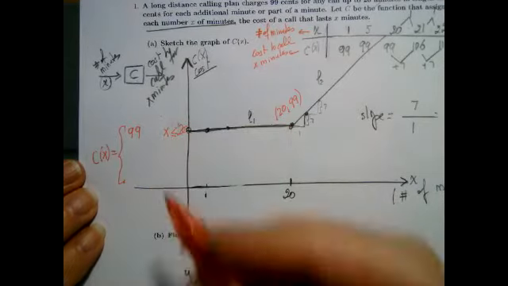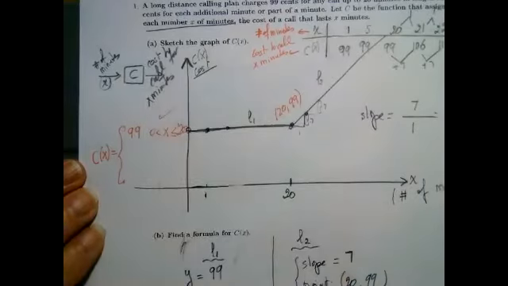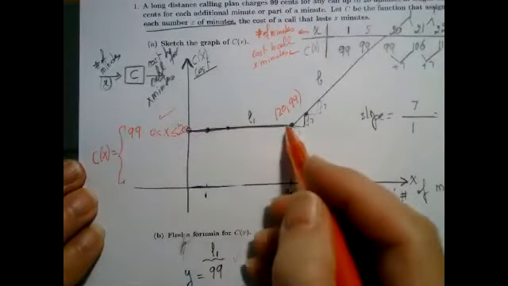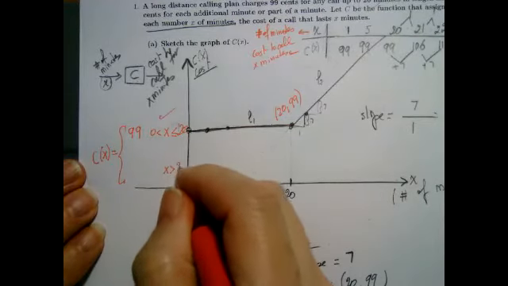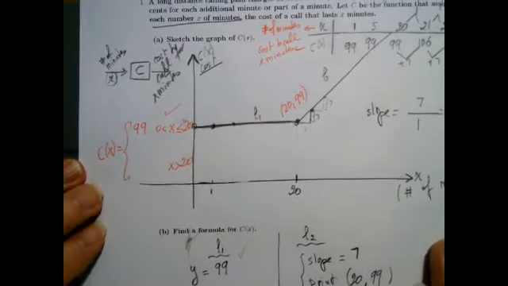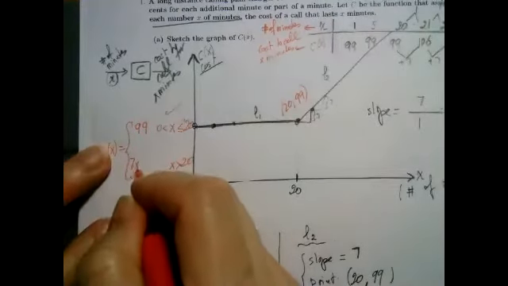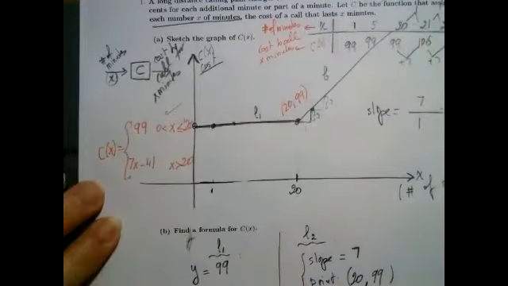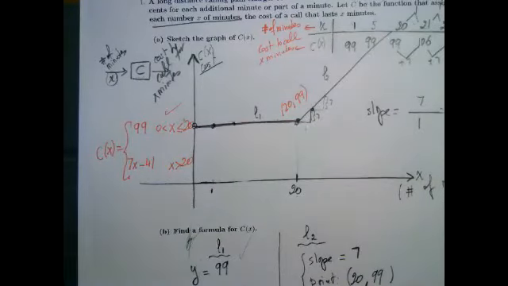It's constant and positive, because the number of minutes has to be positive. So it's 99 up to here. If x is bigger than 20, it's not constant anymore. It's going to be 7x minus 41. That's the formula that would reflect the graph.